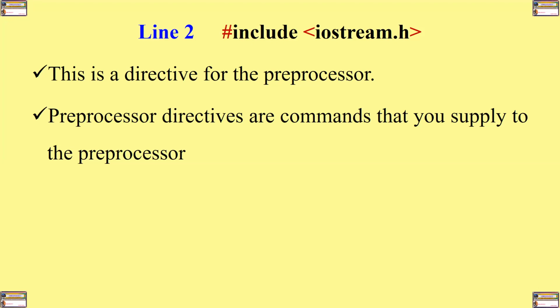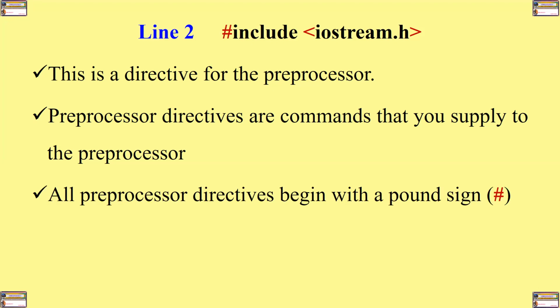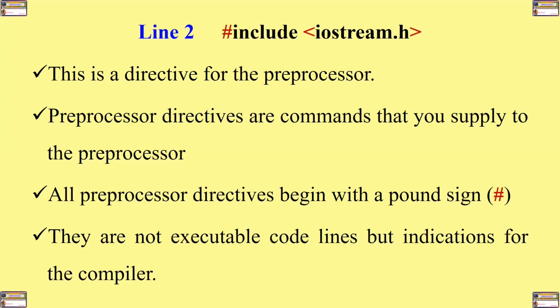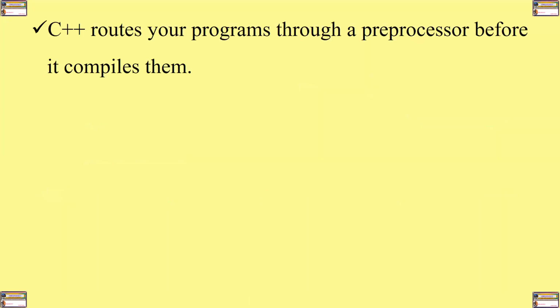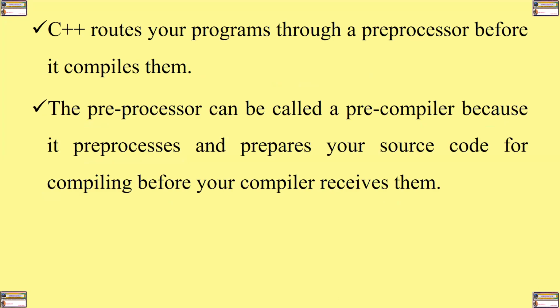So preprocessor directives are commands that we supply to the processor. All preprocessor directives begin with a pound sign. They are not executable code lines, but indications for the compiler. C++ routes your programs through a preprocessor before it compiles them.